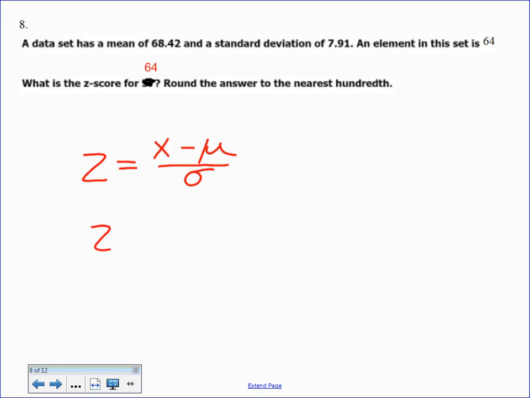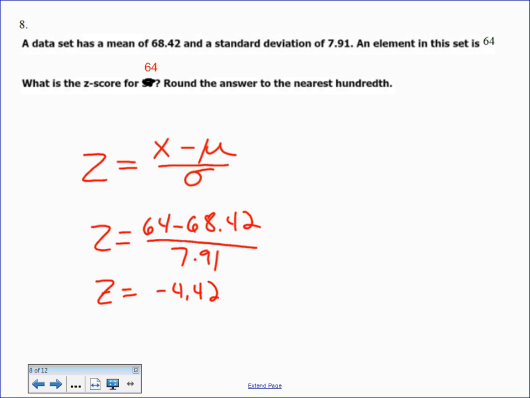So z is going to equal 64 minus 68.42 divided by 7.91. So z is going to be negative 4.42 divided by 7.91.